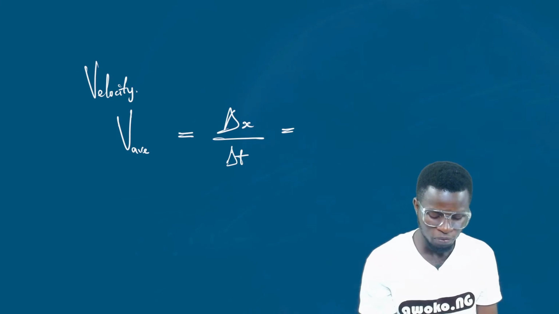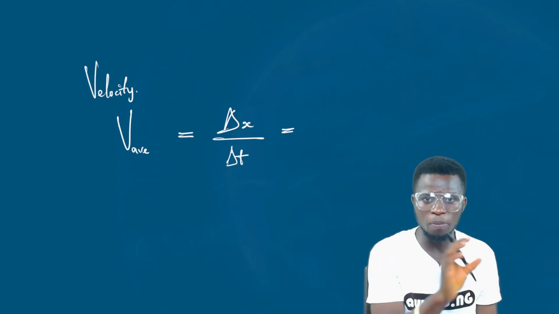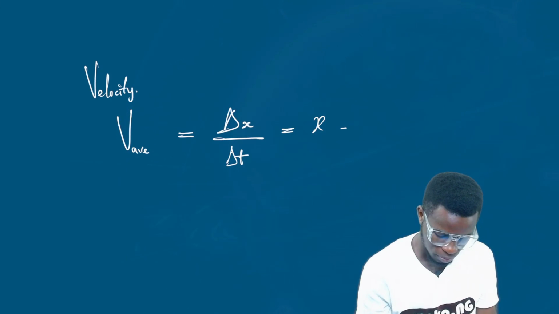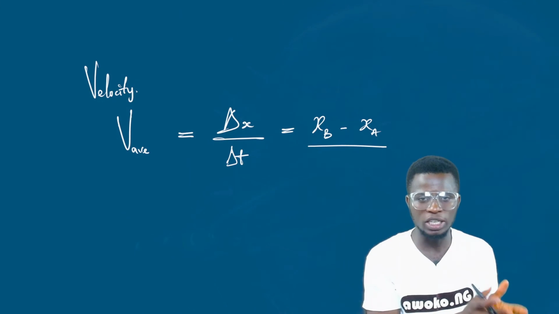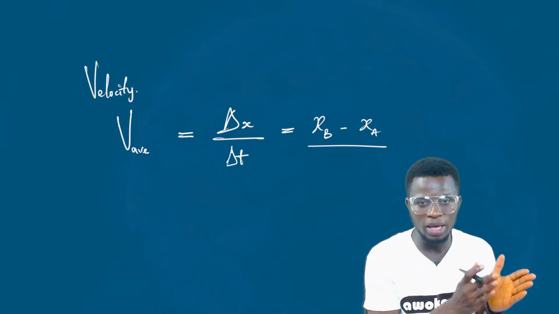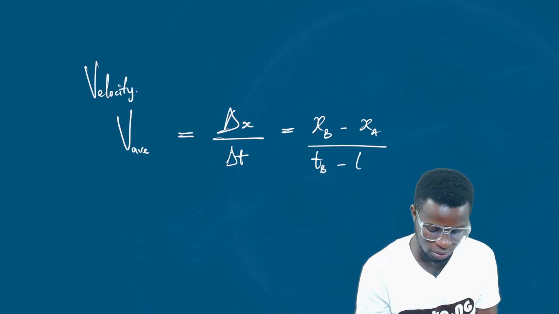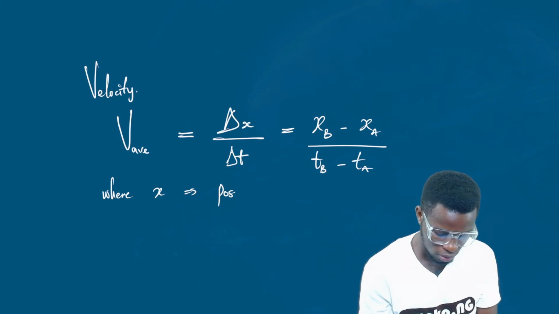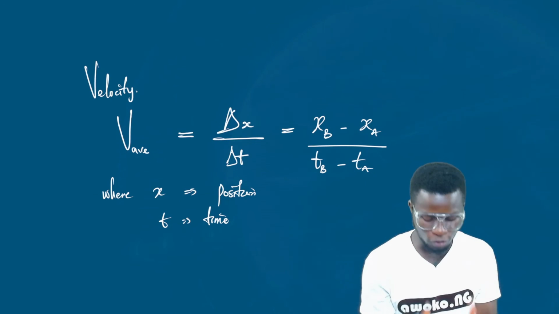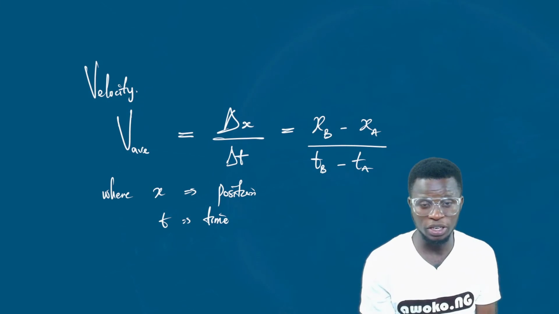Let us say we are considering point A and point B. So the change in the position of that particular object is XB minus XA over TB minus TA, where X is the position and T is the time. So this is the formula you can use to identify the average velocity.